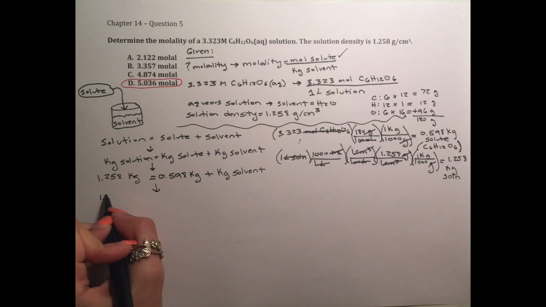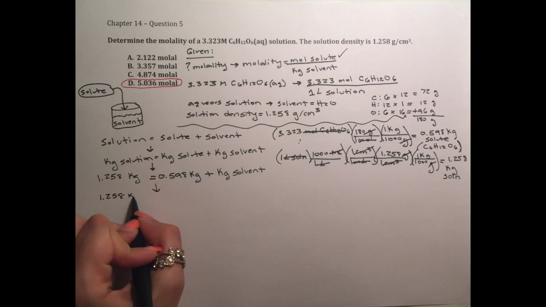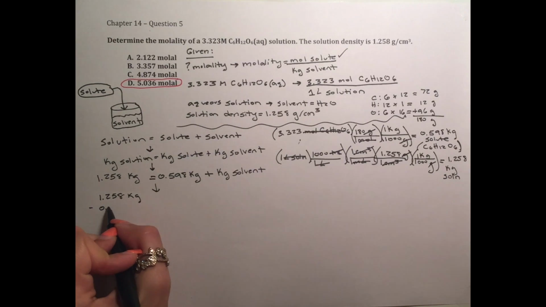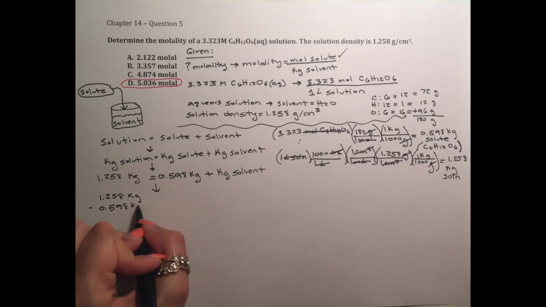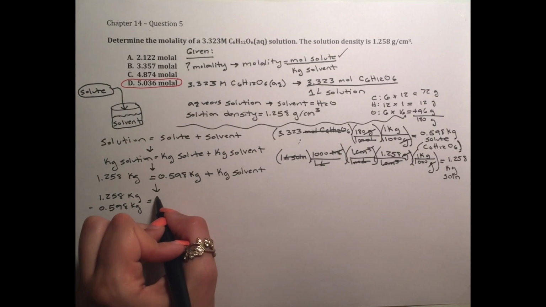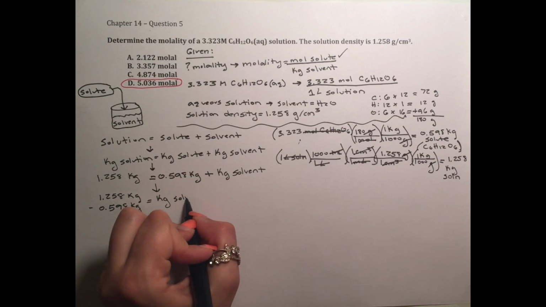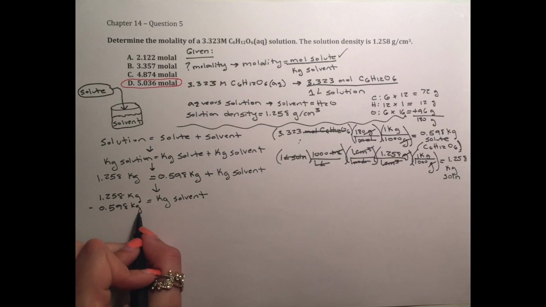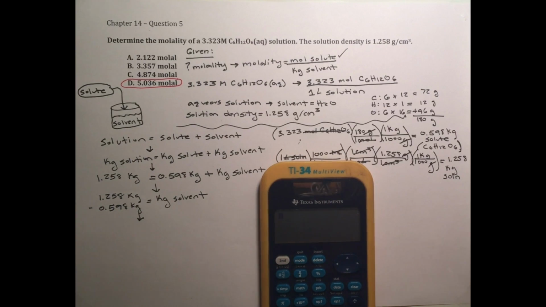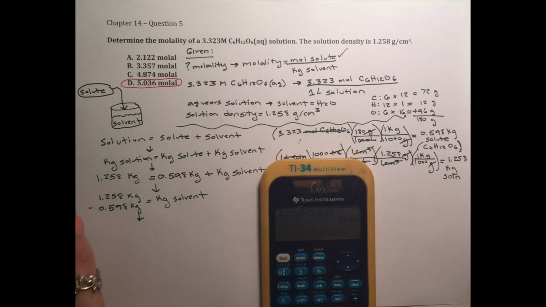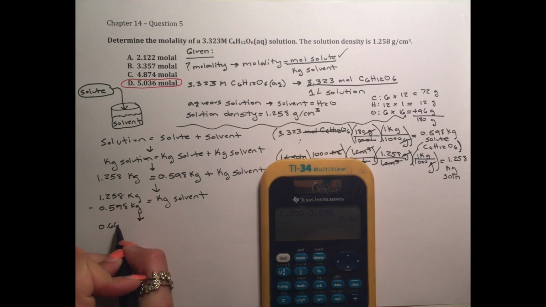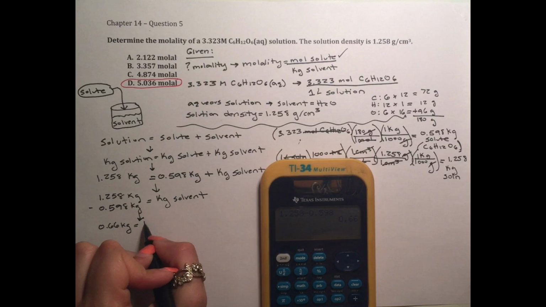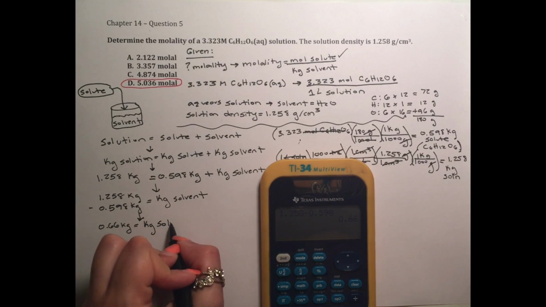So we're going to have 1.258 minus 0.598 is equal to kilograms of solvent. 1.258 minus 0.598 gives us 0.66 kilograms is equal to kilograms of solvent.